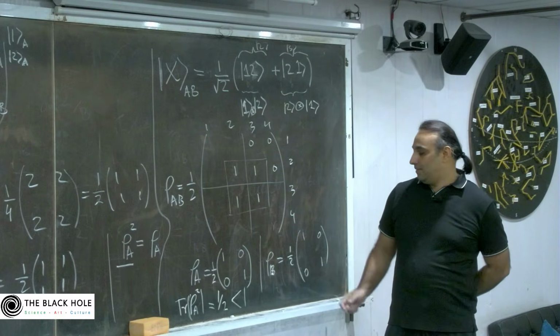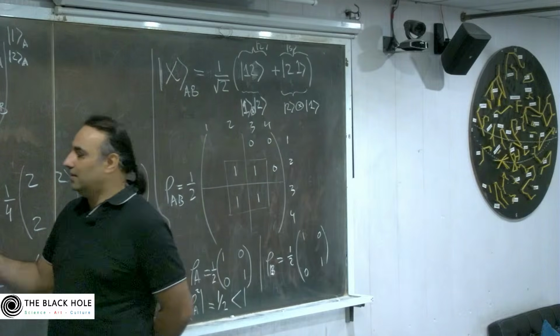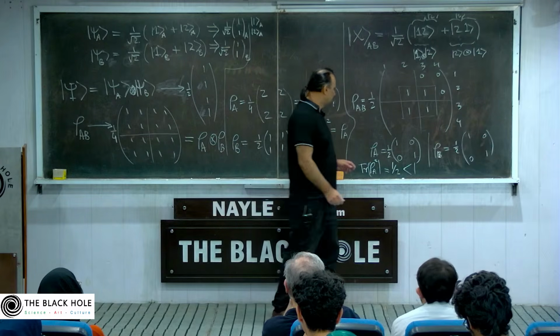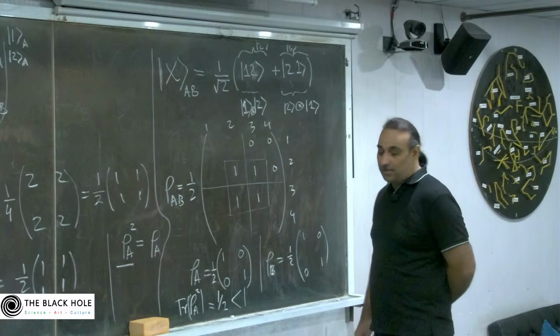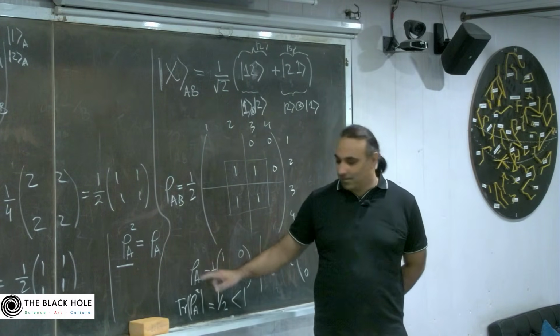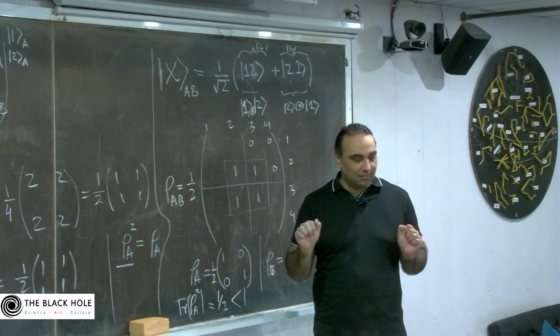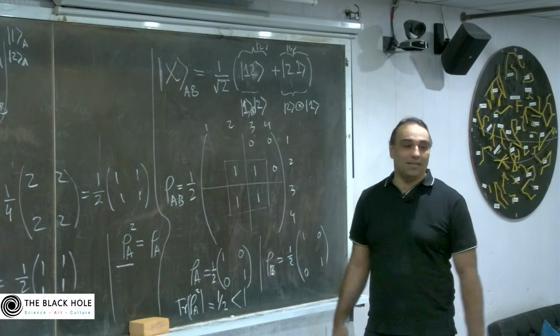That's something that was not there in this case. In this case, we obtained rho square equal to rho A, and the trace would be equal to 1. But here it's less than 1, and this indicates that this subsystem A is entangled with something. What is it entangled with?